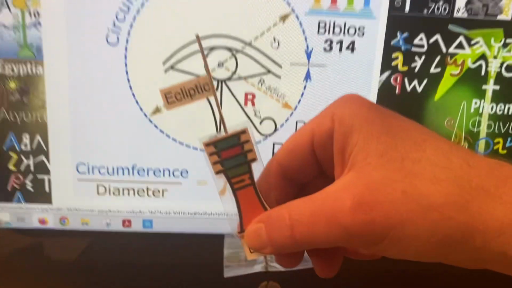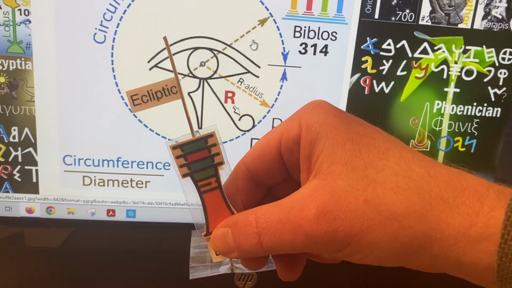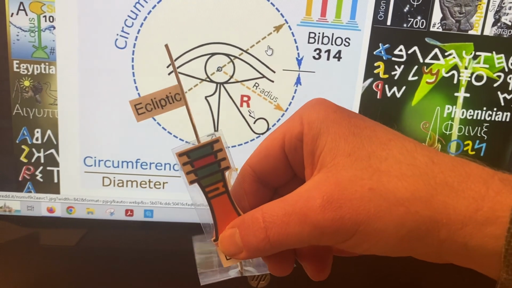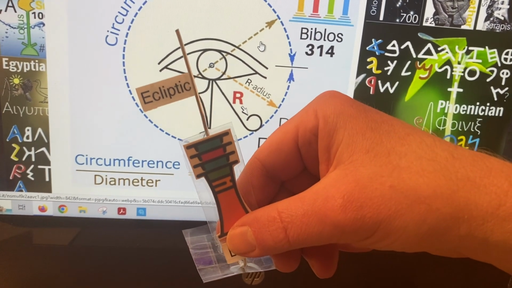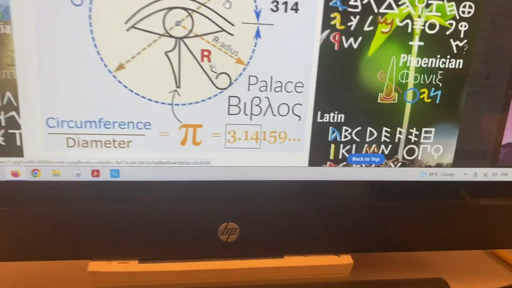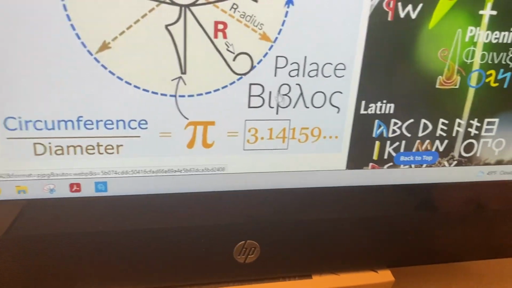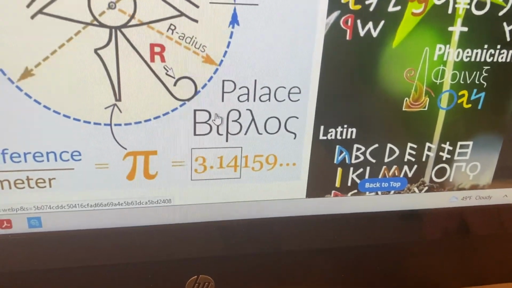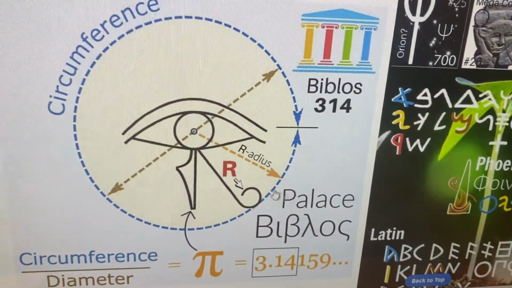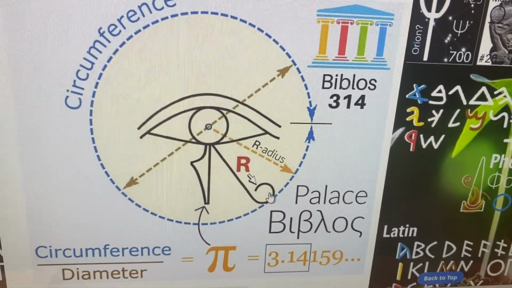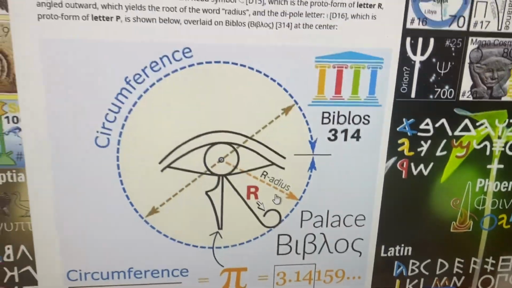And then the part that's pointing like this is the ecliptic pole. That's what the Djed is, or the four pillars of Byblos stacked up. And then Byblos equals 3.14 in alphanumerics. And then this part of the eye, the curl, the ram horn, is where we get the word radius.